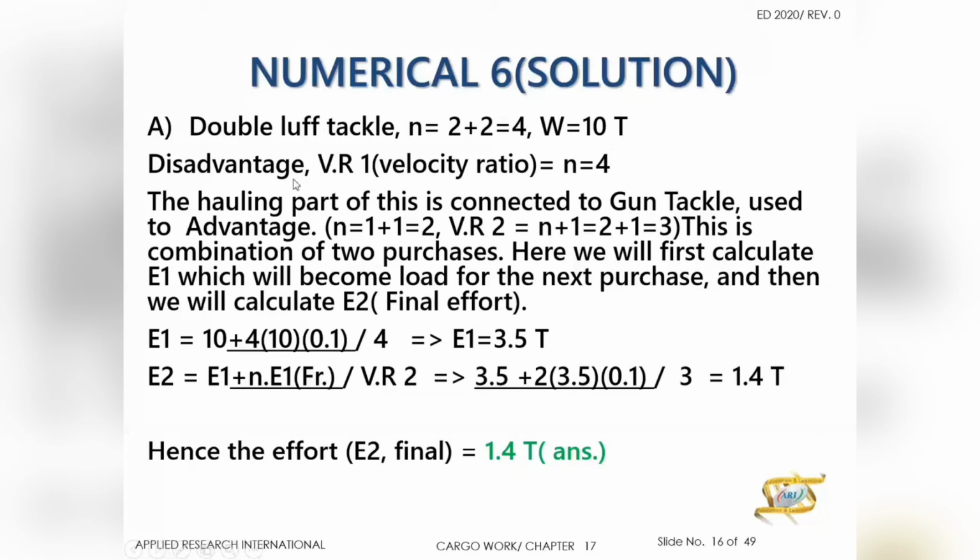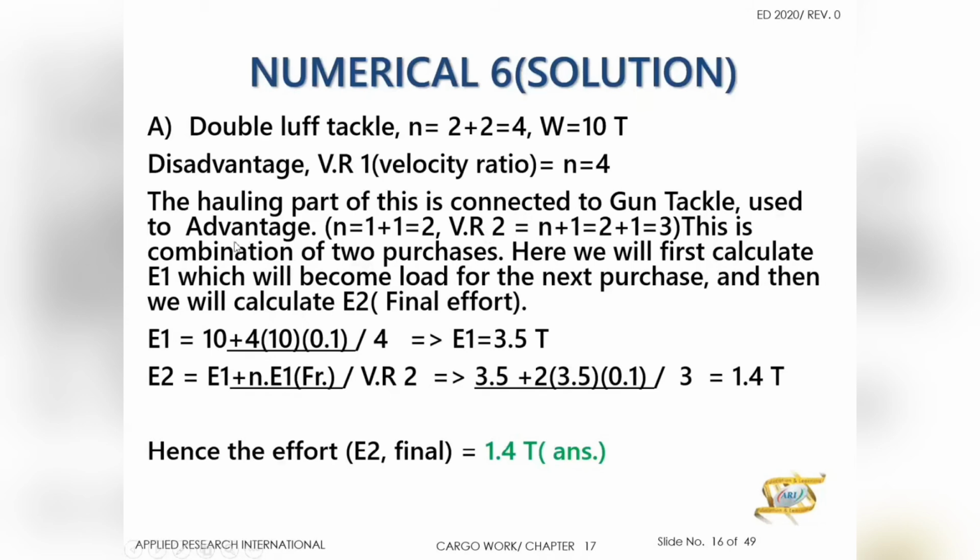Is used to disadvantage. So I say that is VR number 1. I have given it number 1 because there is a combination of two blocks. Is equal to N is equal to 4. As spoken and written over here. The hauling part of this is connected to the gun tackle used to advantage. So gun tackle is N is equal to 1 plus 1 is equal to 2. VR2, that is the next VR, is then in that case N plus 1.